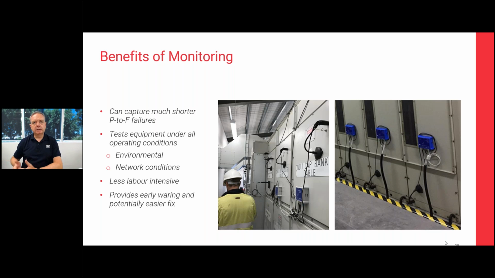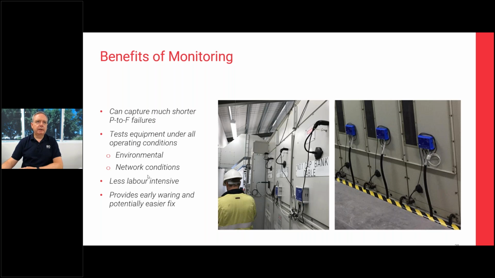Typically for discharge, that P2F interval is quite large, but we have found some instances on surface tracking, at least, where the period from when you can detect a fault until when it actually fails is only a short number of months. So that's not the sort of thing that you'll capture all the time using an annual survey. Monitoring will help you find those short time problems.